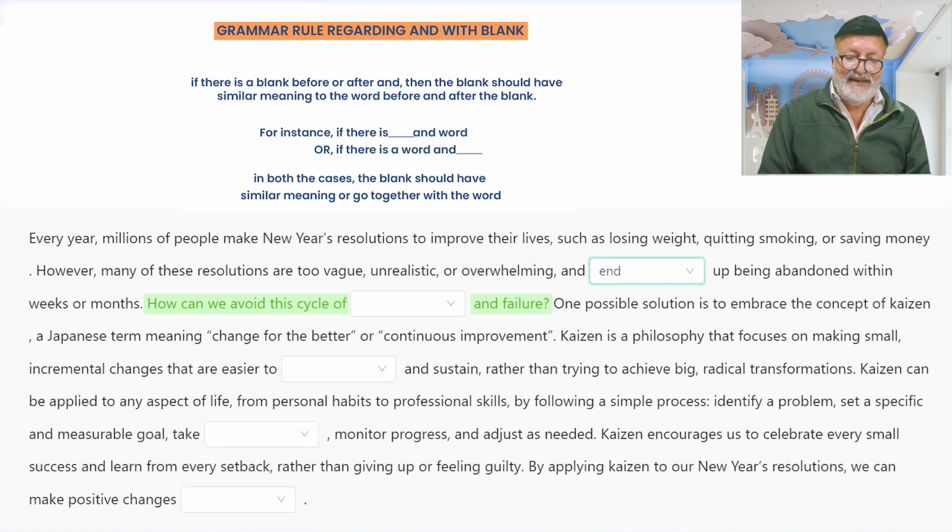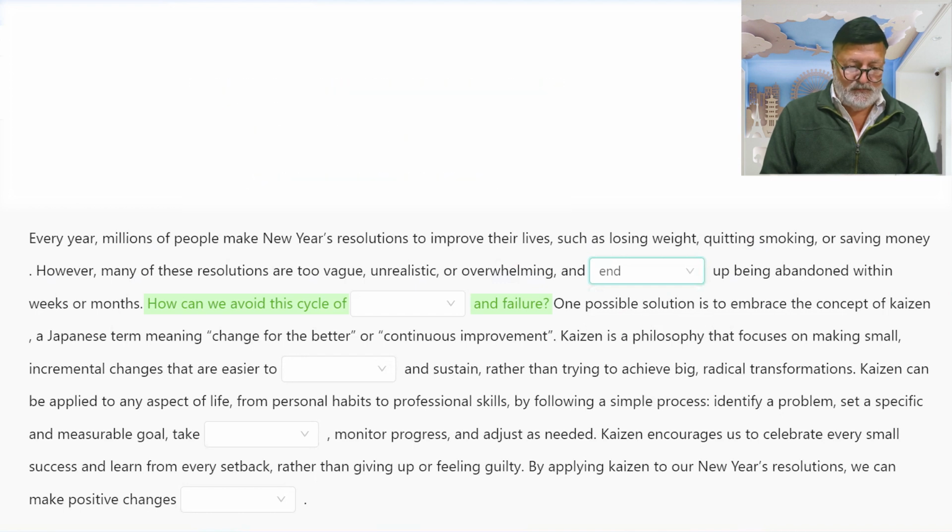For instance, if there is a dash and word, or if there is a word and dash, in both cases, the blank should have a similar meaning or go together with the word. Many questions can be solved with the help of this grammar rule, and so please understand this rule very well.